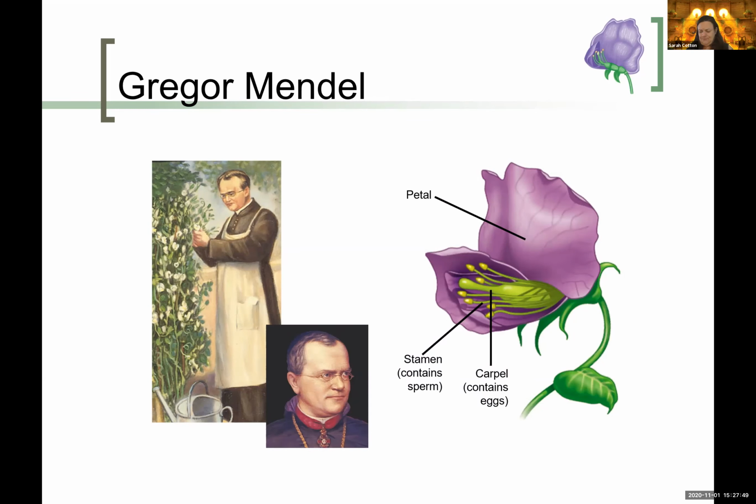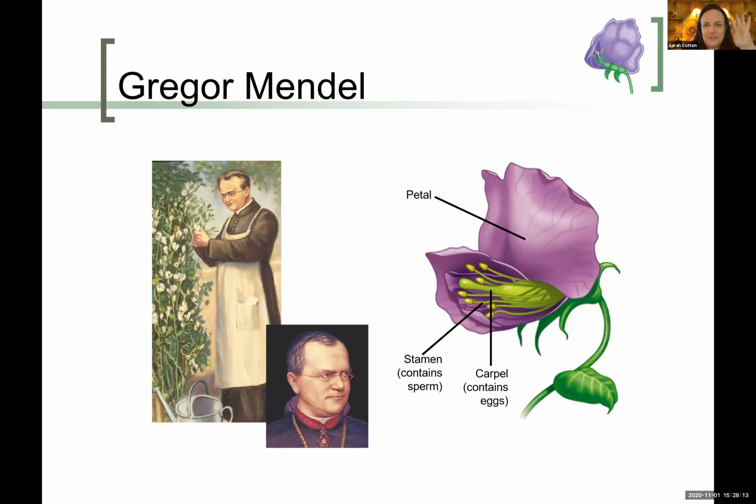We haven't talked much about plant anatomy at this point, and we're not going to talk too much more about this other than this. But essentially, for most flowers, the way that they reproduce is that most flowers have both male and female reproductive structures. Not all, but most of them.